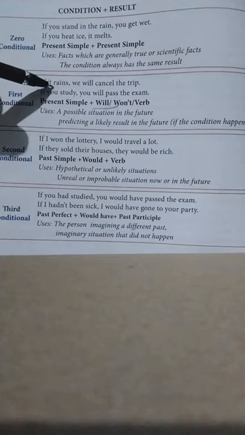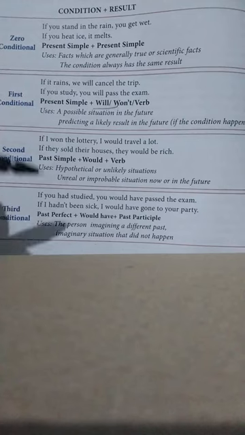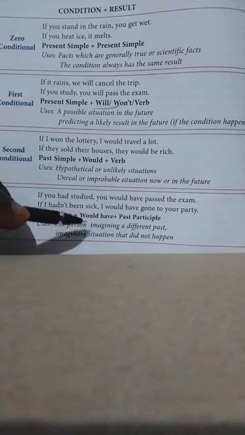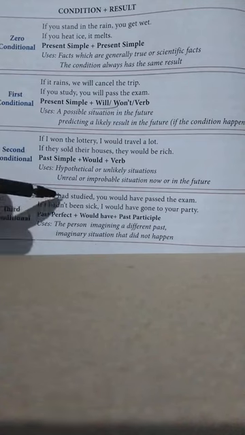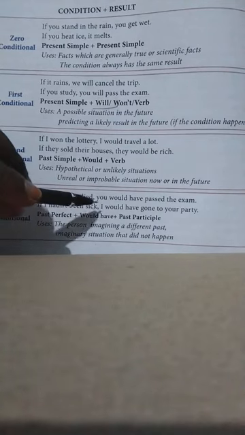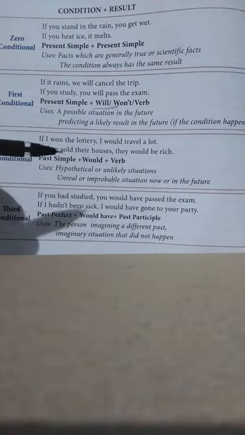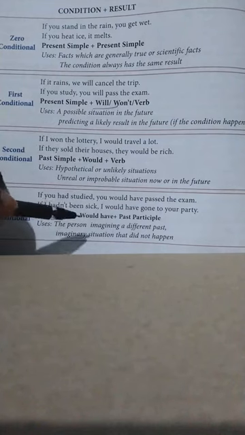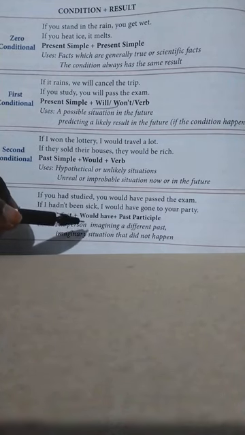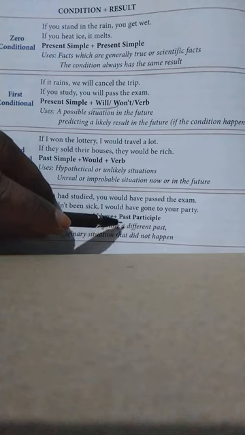Here, if plus present tense, right? So if plus past perfect, plus in the main clause you will come across would have plus past participle. So if you had studied, this is the condition, you would have passed, that is the main clause. So in the main clause you will come across two different words. What is it? Would have plus past participle.